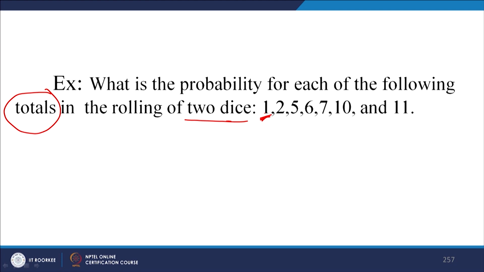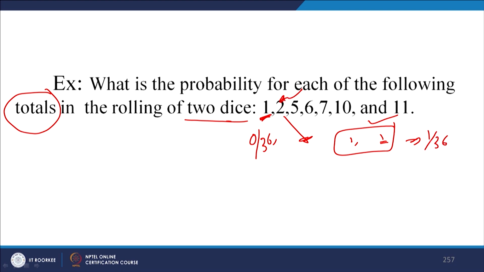You can't have a situation like this, is not it? So, the answer would be 0 by 36, is not it? What about 2? What would be the probability? So, you are getting 1 on first die and again 1 on second die, right. So, there is only one way in which you can obtain sum as 2, right. So, it is 1 by 36.